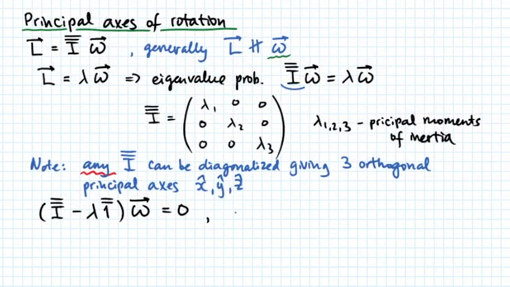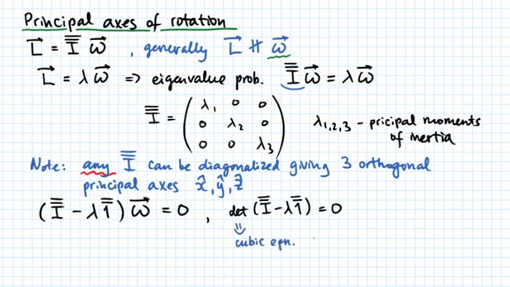Therefore, we require that the determinant of the matrix should be 0. This gives us a cubic equation, which gives us 3 roots of lambda, as well as 3 eigenvectors, which give us directions of the principal axis.